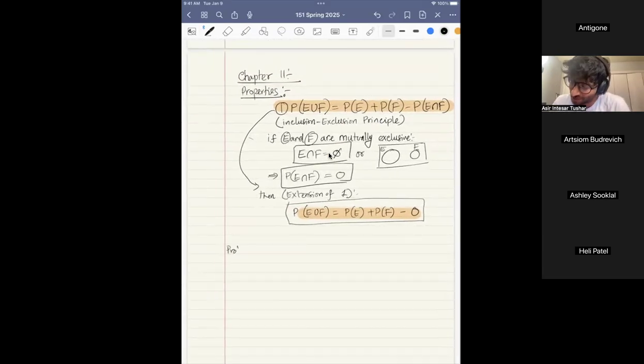Let's see you guys are understanding this. Then let's talk about problem 11.6 from the book.